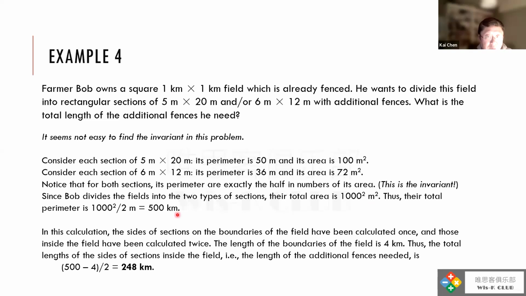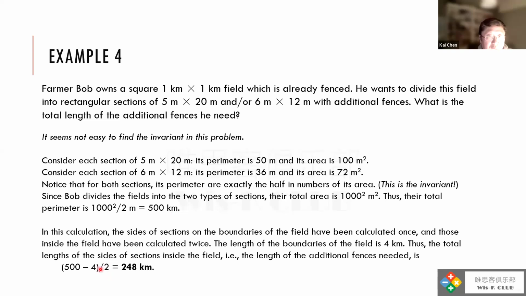as the total perimeter. But do not forget to think about the boundary. The boundary has already been fenced, so we have to subtract the length of the boundary. The boundary is 4 kilometers, and then of course 500 kilometers minus 4, but divided by 2.